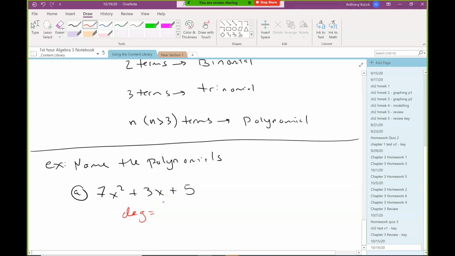For this polynomial, what's the degree? 2. And the number of terms is? 3. So we'd say that this is a quadratic trinomial. So oftentimes we're going to use both classifications when we name or talk about our polynomial.